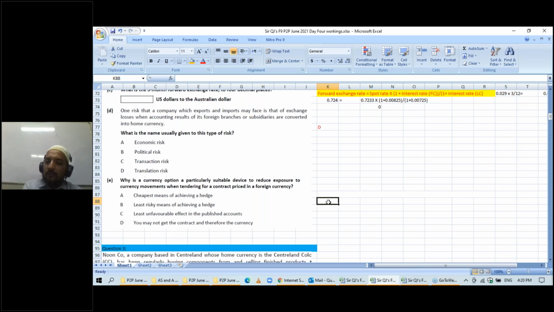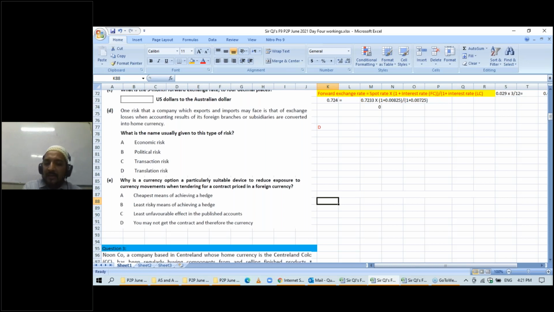So can we enter into a forward contract for receipts? We cannot, because we are uncertain whether we will enter into a contract or not, and whether the foreign currency will be received or not, right? If we enter into a foreign currency option, we have a choice: if you need, you can exercise the option and convert the foreign currency into the local currency. Otherwise you can let the option lapse. If you don't want the foreign currency, leave it. You won't be penalized for it. So it's not a binding contract.